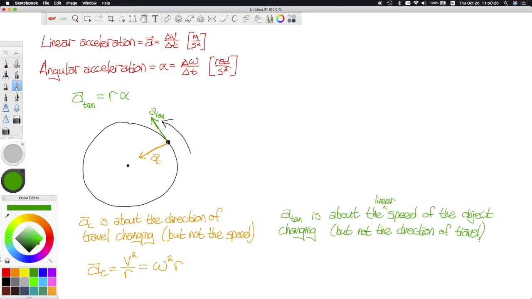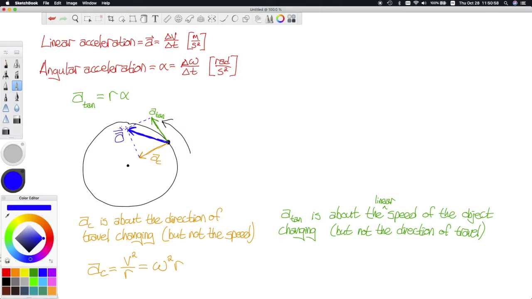So the tangential acceleration is about the speed of the object changing, and the centripetal acceleration is about the direction of the object's velocity changing as it moves in a circular path. And if we combine the two of these together as vector components, we get the overall acceleration. So the overall acceleration of this object would point in the direction of this blue arrow that I'm drawing here.